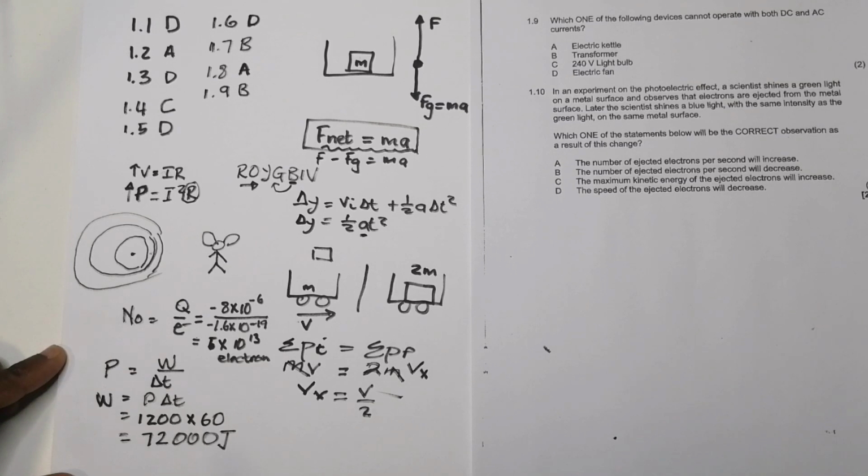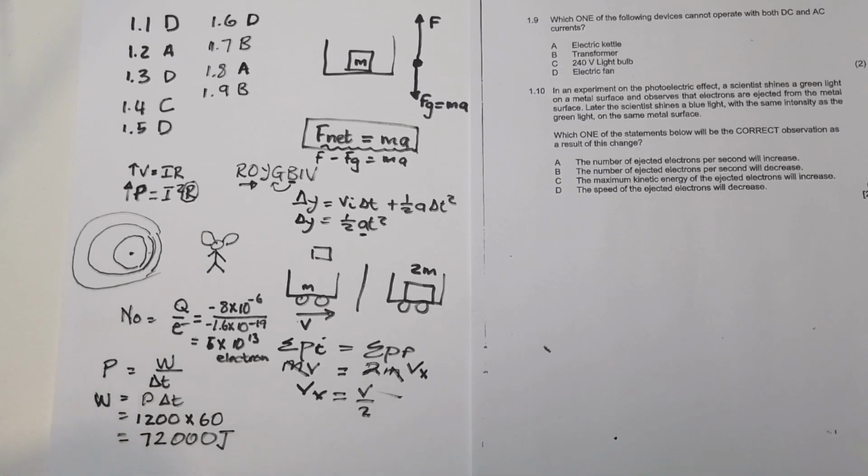So let's look at the question. What are they asking us? They say later the scientist shines blue light with the same intensity as the green light on the same metal surface. So it means that our work function should be the same. They say which one of the statements below will be the correct observation as a result of the change.